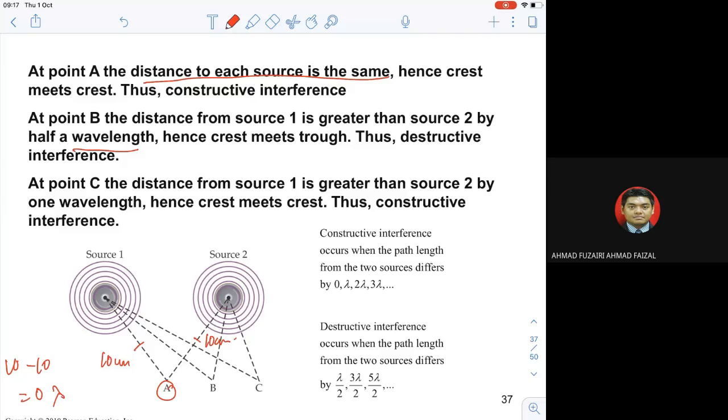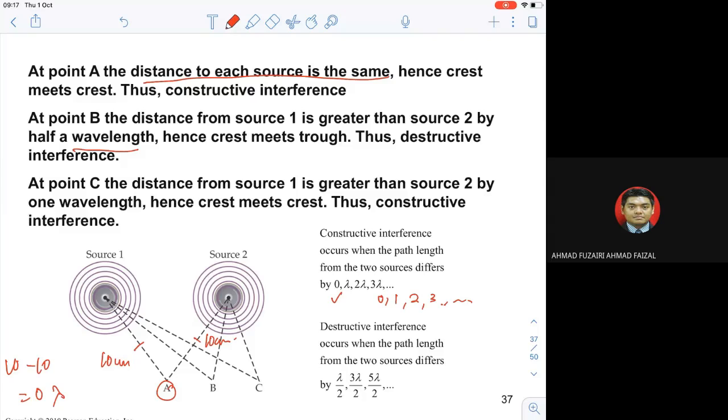Like this, okay? At point A, crest meets crest. So when crest meets crest, you will have, starting from 0, the path length difference between source number 1 and source number 2 should be 0, 1, 2, 3, and so on.